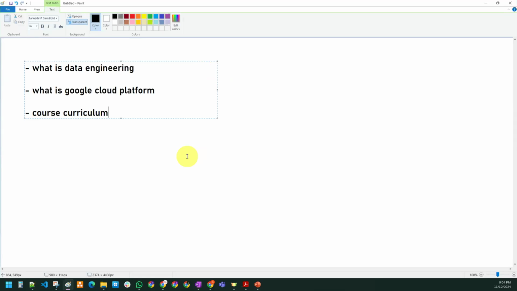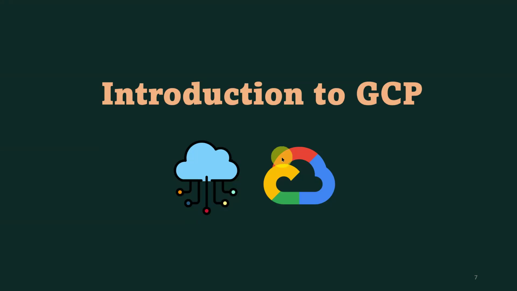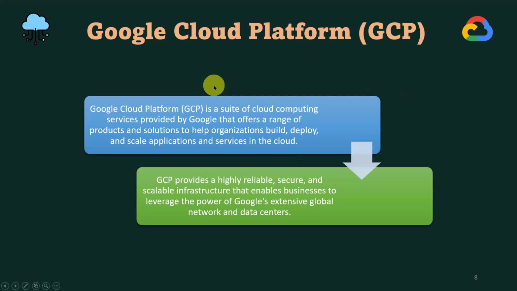So today I am going to start with our very first topic, that is how do we interact with the GCP services. Okay, so to recap, what is Google Cloud Platform? It is one of the leading cloud providers which provides cloud computing services to most organizations so that they can build, deploy and scale applications and services in the cloud platform.